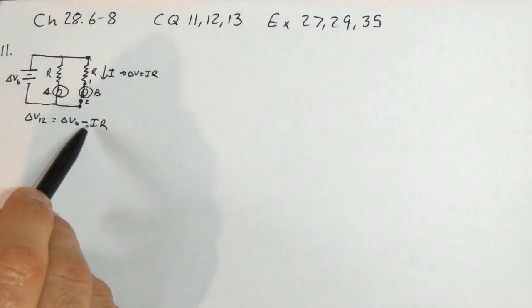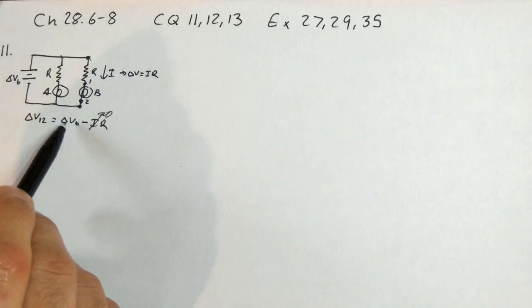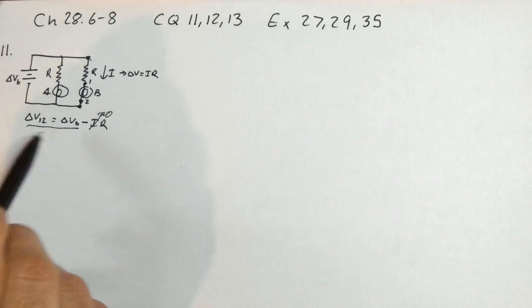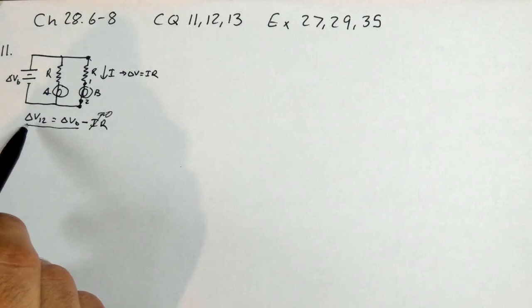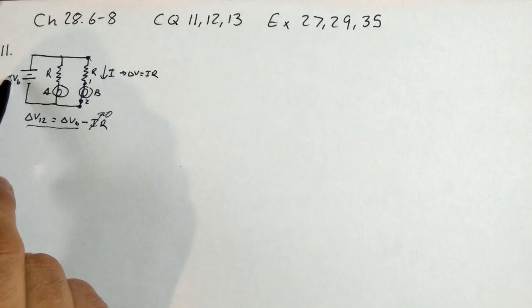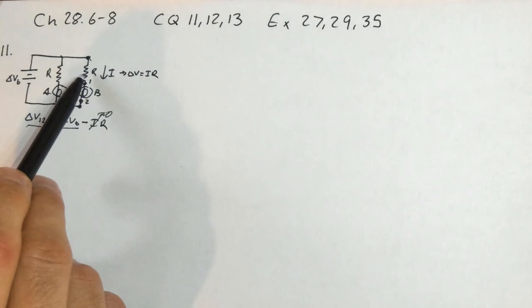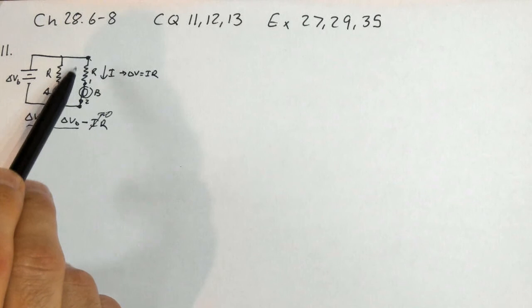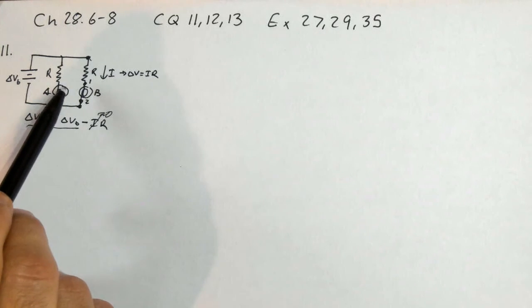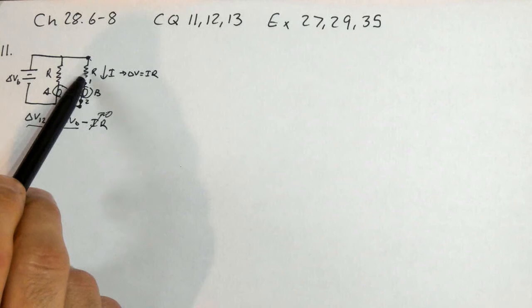It gets bigger, because then this goes to 0, and points 1 and 2 have the same potential difference as the battery. This resistor basically is not doing anything. Since no current's flowing through it, it doesn't change the potential at all. The only time you get a change of potential is if current is flowing.